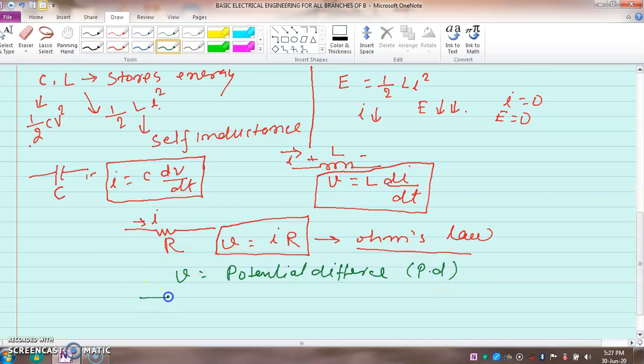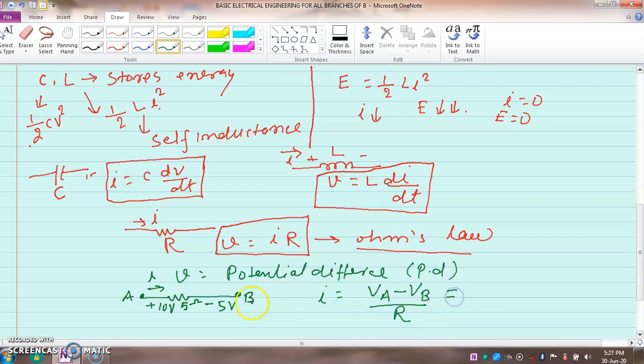Suppose this is a resistance, and here it is 10 volt positive potential, and here it is 5 volt negative potential, and the resistance is 5 ohm, and current is asked from A to B. We have to check the potential difference at A and B. So I equals potential at A minus potential at B divided by resistance.